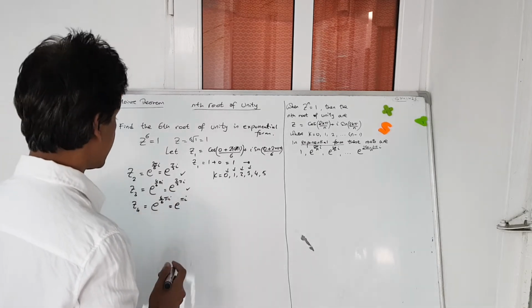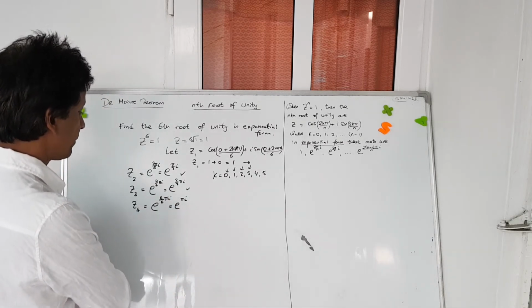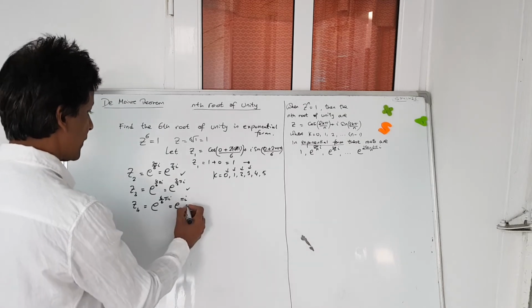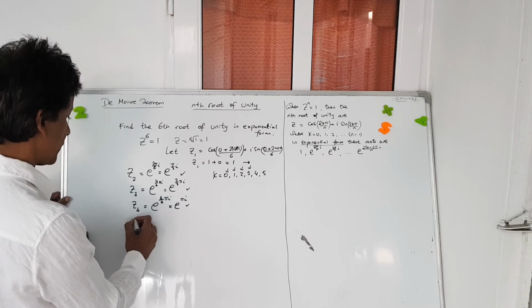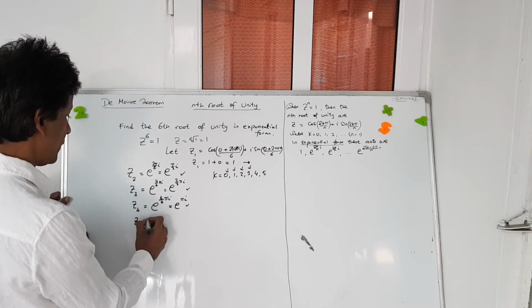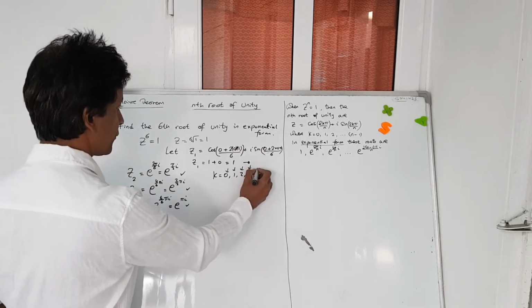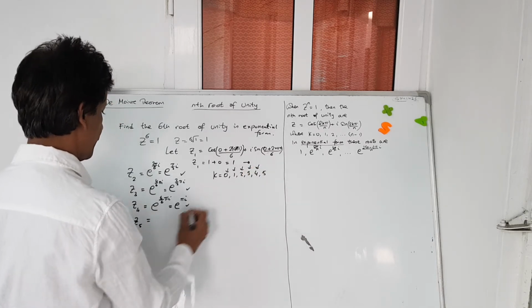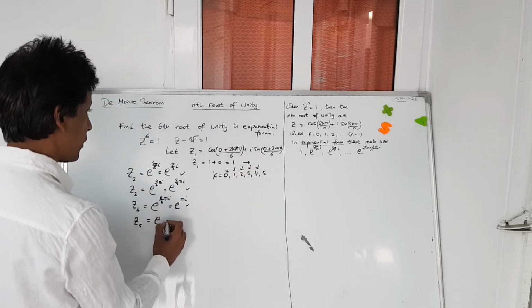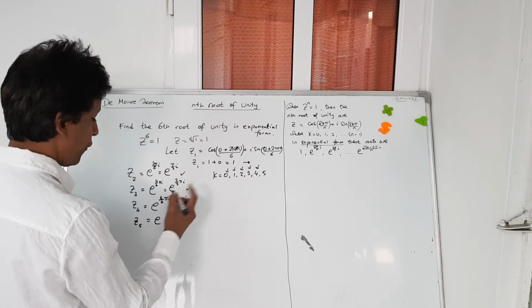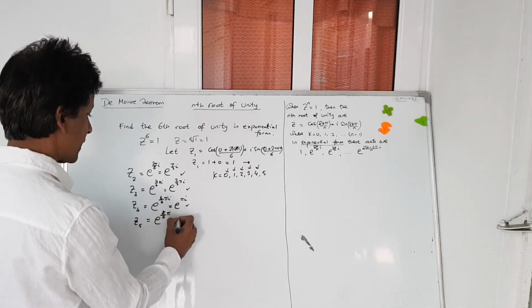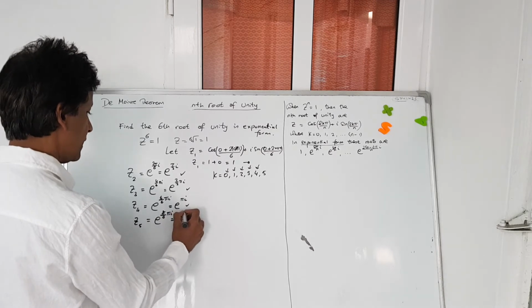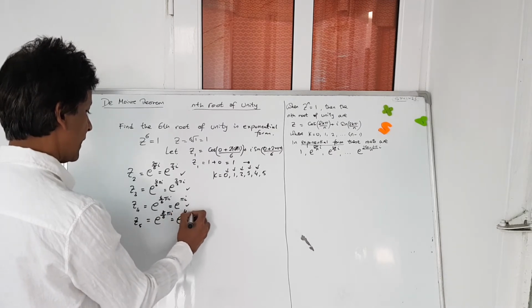Now we've got z5, where k is equal to 4: e to the power of 2 times 4, which is 8 over 6 pi i, turns out to be 4 over 3 pi i.